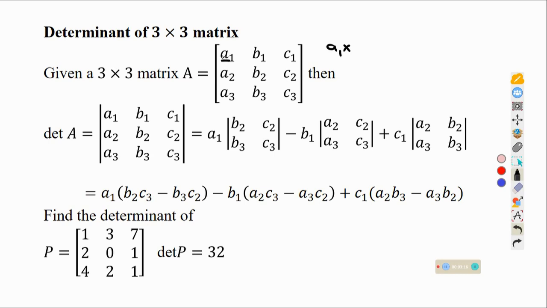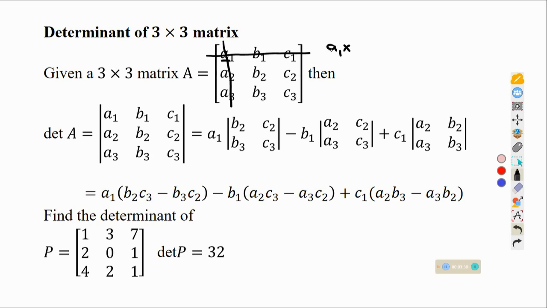A1 lies in the first row, first column. So what you will do is delete the first row and first column. When you delete the first row, first column, what are the elements that remain? We remain with B2, B3, C2, and C3.